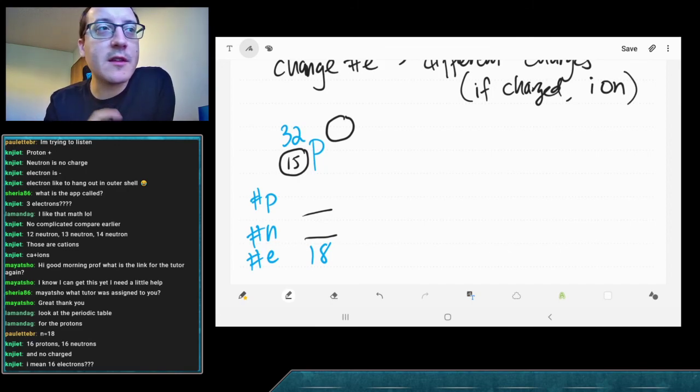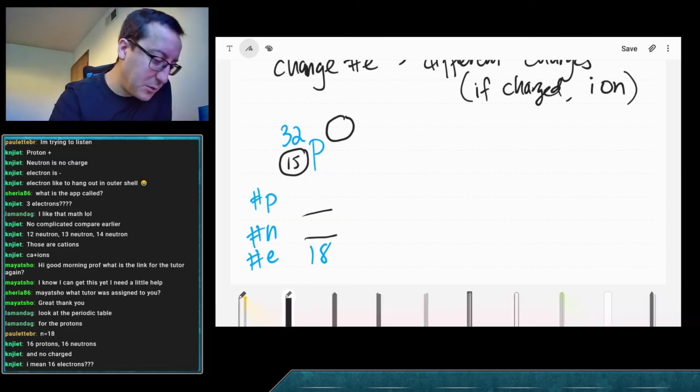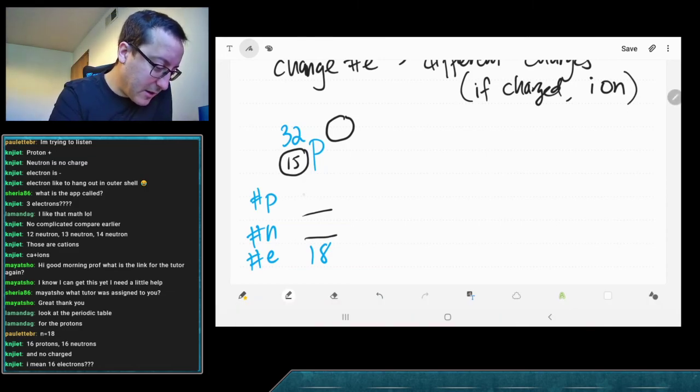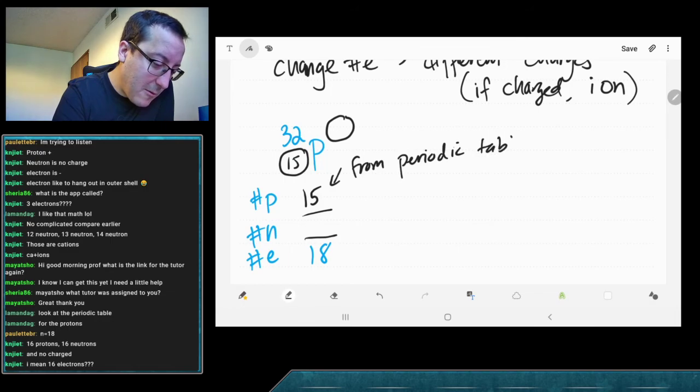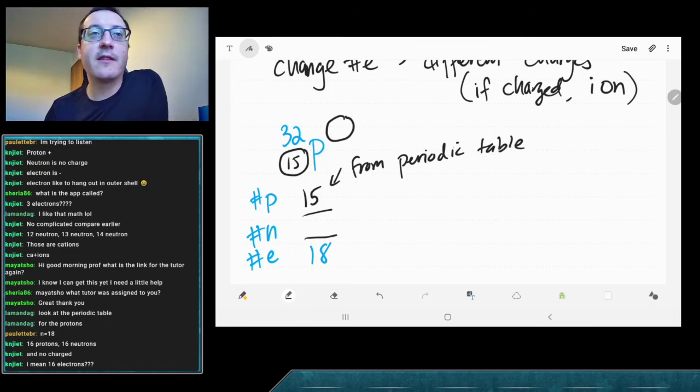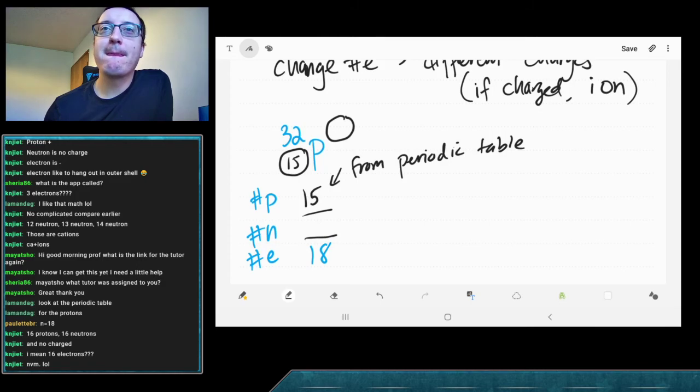We'll work through this, and then we'll be continuing this next week. So number of protons, 15. We got that from the periodic table. And remember, that's the number that's going to go on the bottom there. Okay, so number of neutrons then.